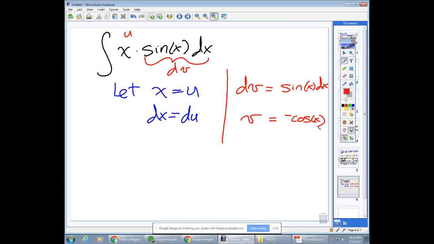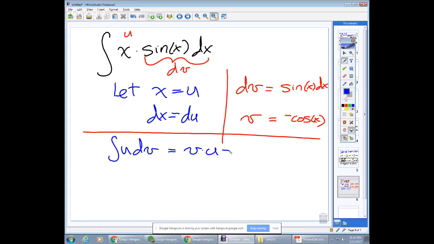All right, so the integration by parts says that the integral of u dv is equal to v times u minus the integral of v du. You just switch those, essentially. So what do we have here for our integral?